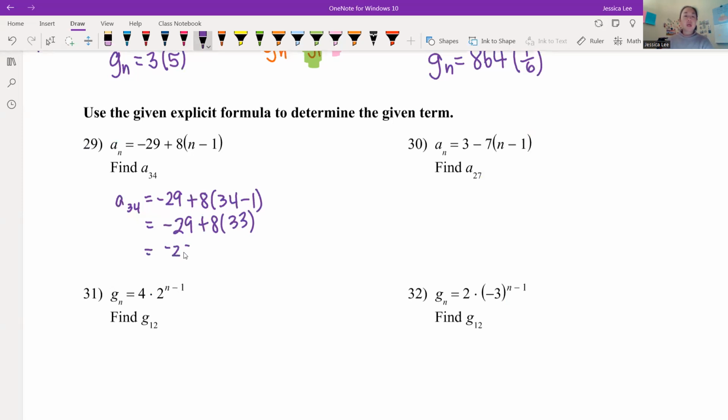So equals negative 29 plus 264. And negative 29 plus 264 is going to give me, I think, 235. I'm pretty sure that's 235.